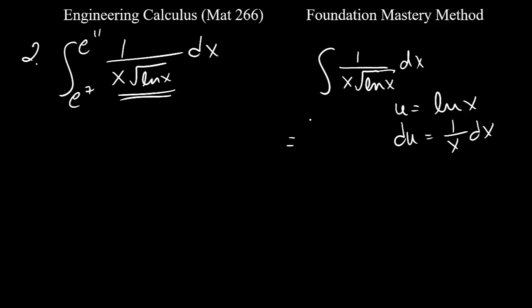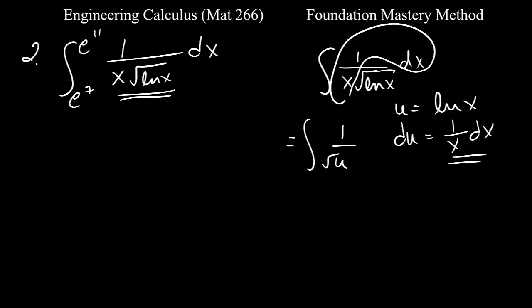If we make this substitution, we'll have 1 over the square root of u. If we look at what's remaining, 1/x dx, we'll see that that is identically equal to du. So now, rewriting this, we are integrating u to the minus 1/2 power.